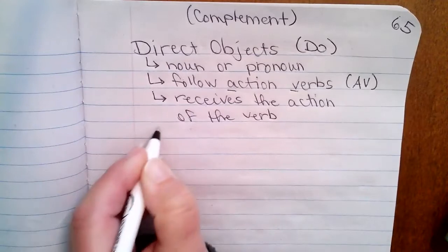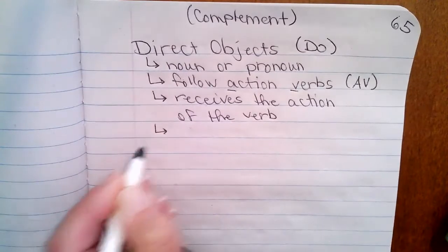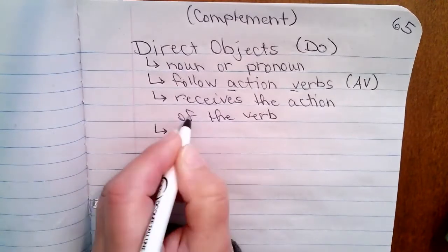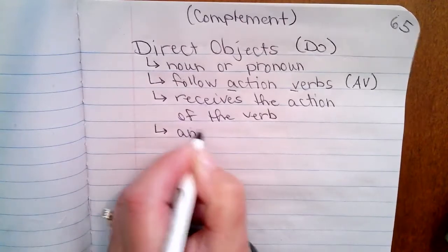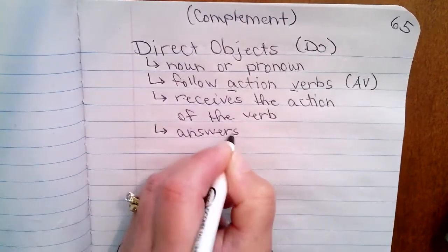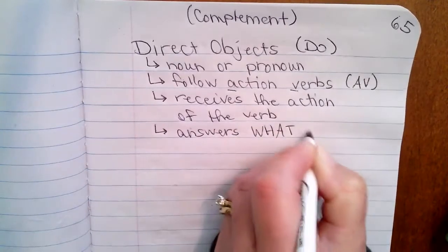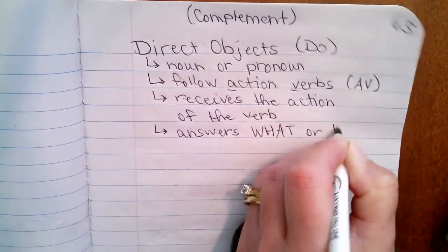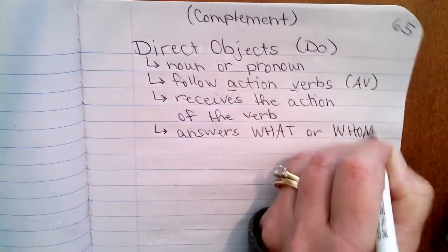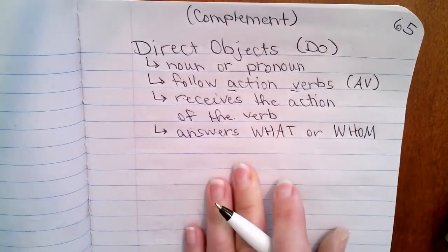And then one more, and we talked about this yesterday when we made our complements notes: it answers 2 different questions. It answers what or whom. So still the same 2 questions we talked about yesterday.